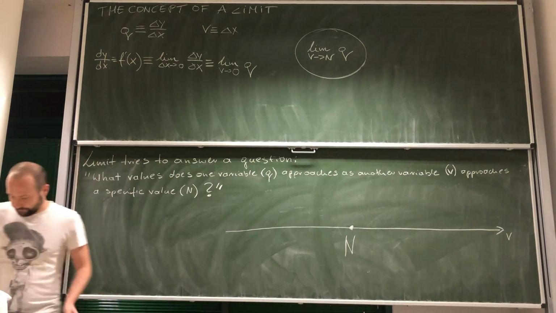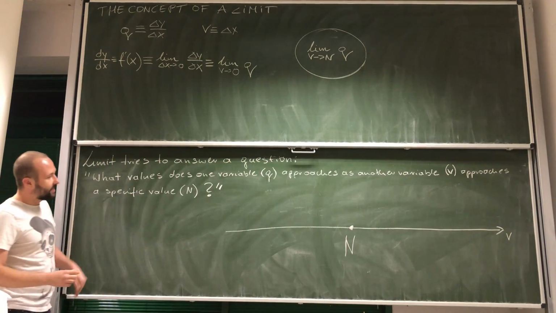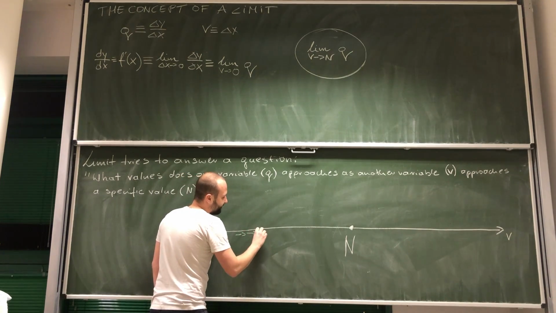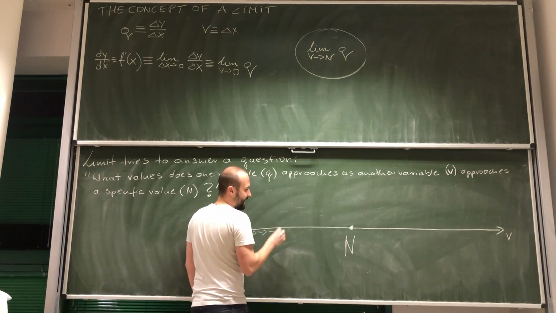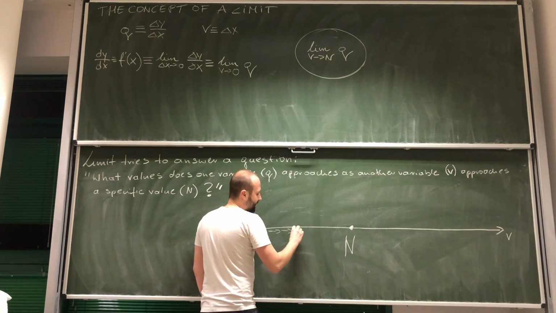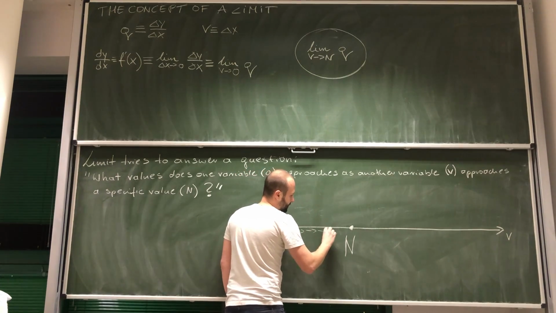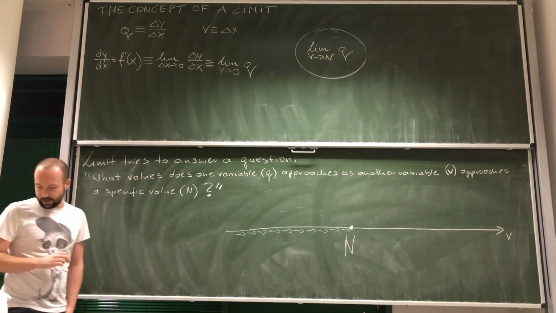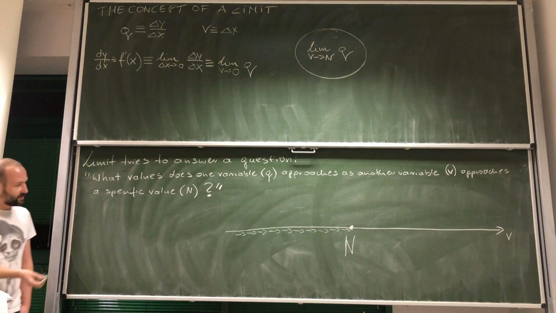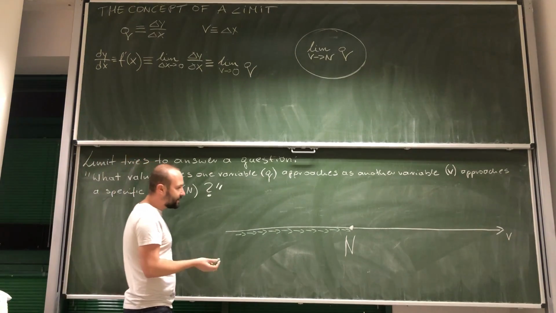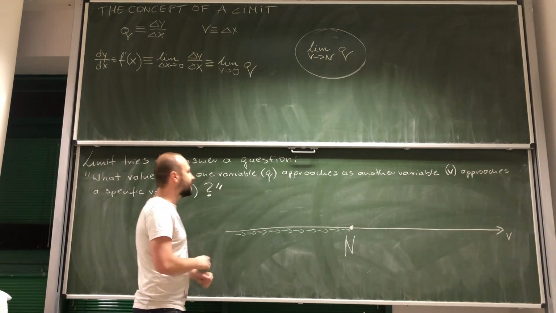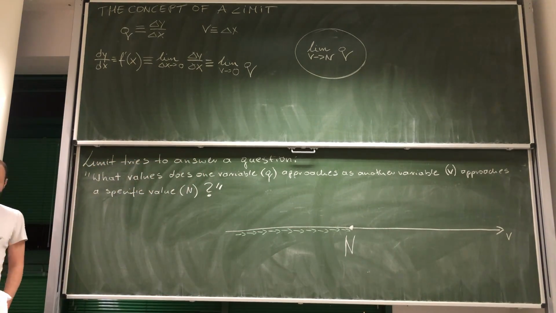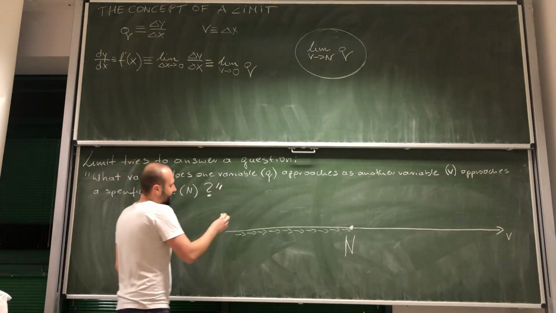First of all, starting from smaller values than n, we can get closer and closer to n from the left-hand side. And in this case, when we are calculating this limit in this way, we will say that we have the left side limit.